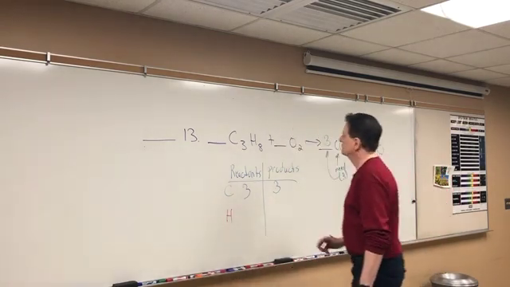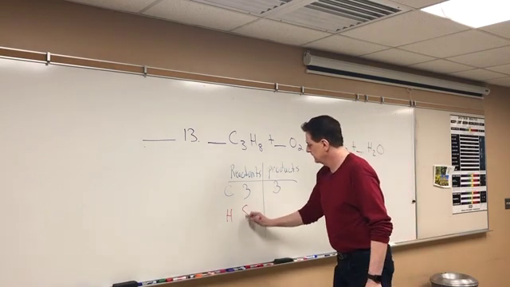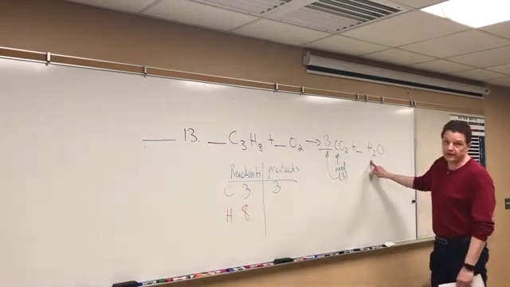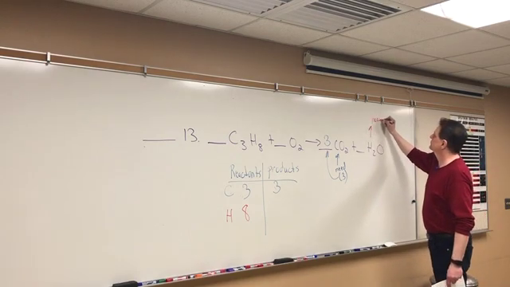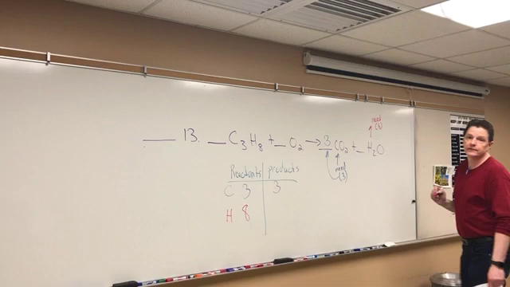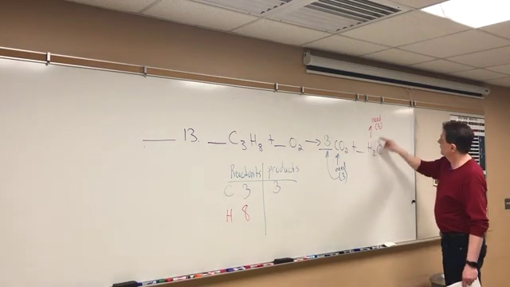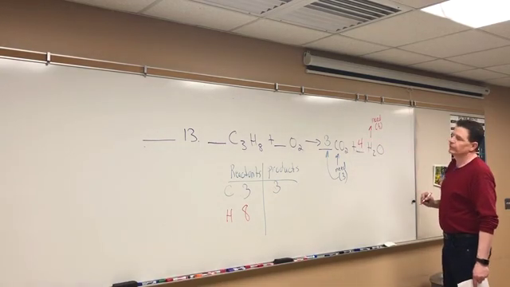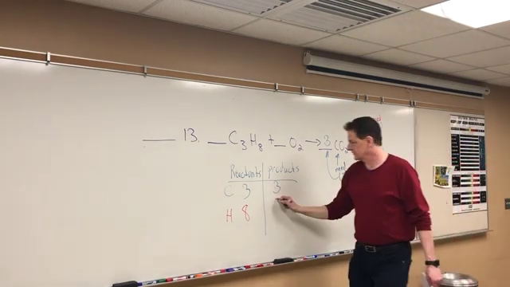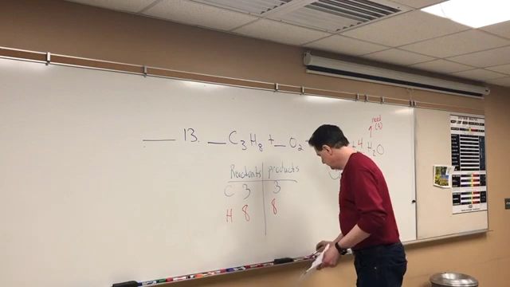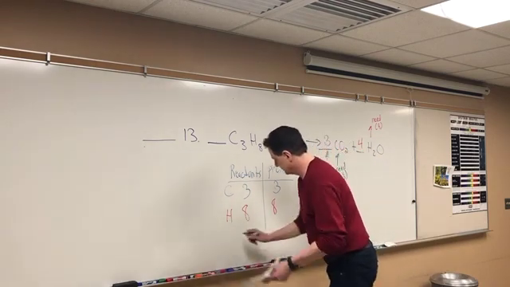You look for your hydrogen source here, you have 8. This is your only hydrogen source on the other side of the street. What you need here is 8. So 2 goes into 8 4 times, or 4 times 2 gets you the 8. So hydrogen's fixed. And then the last element you want to worry about is oxygen.